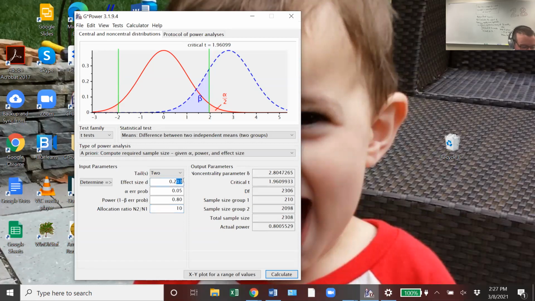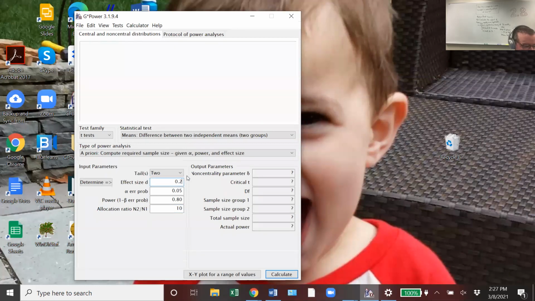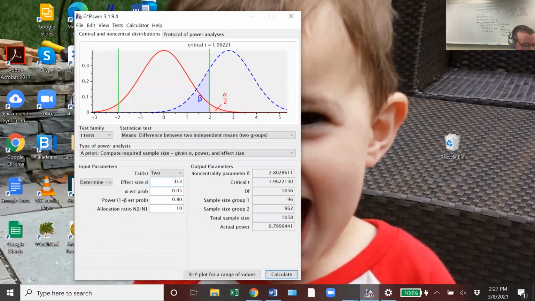And our minimum detectable effect size is probably at least 0.3, 0.35. Okay, so now we've gone up from 0.2 to 0.35 as the allocation has gone from 1.5 to 1 to 10 to 1, right? So substantial departures from 50-50 really do compromise your power, but minor departures don't.